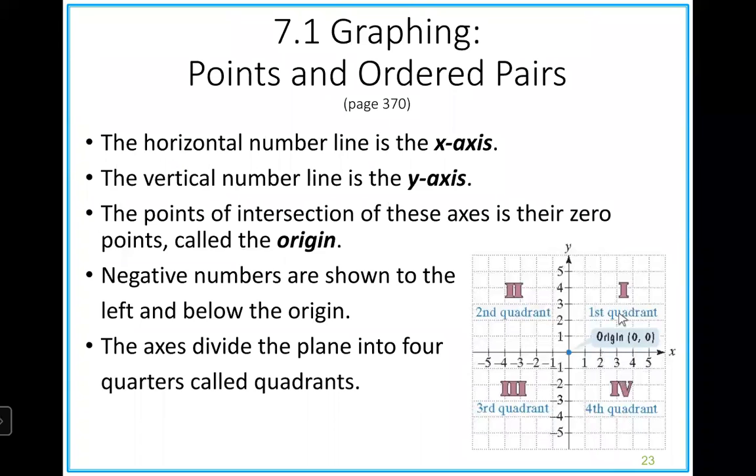And in this first quadrant here, you will see that you have positive numbers to the right, positive numbers going up. On the second quadrant, positive numbers going up, negative numbers to the left. In the third quadrant, both axes are negative. In the fourth quadrant, the horizontal is positive, the vertical is negative.